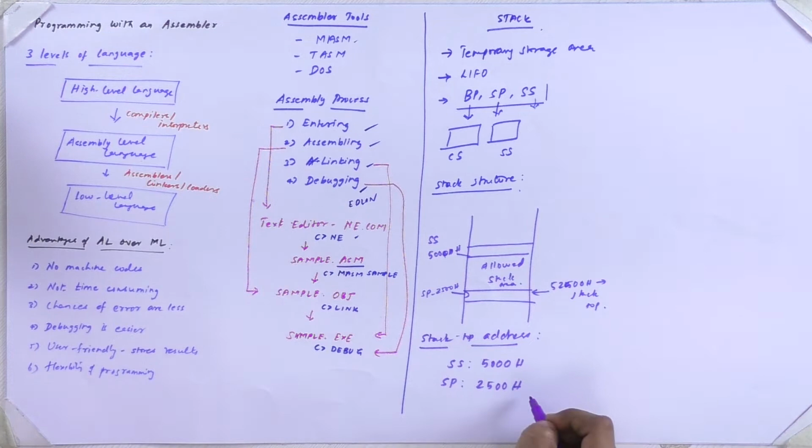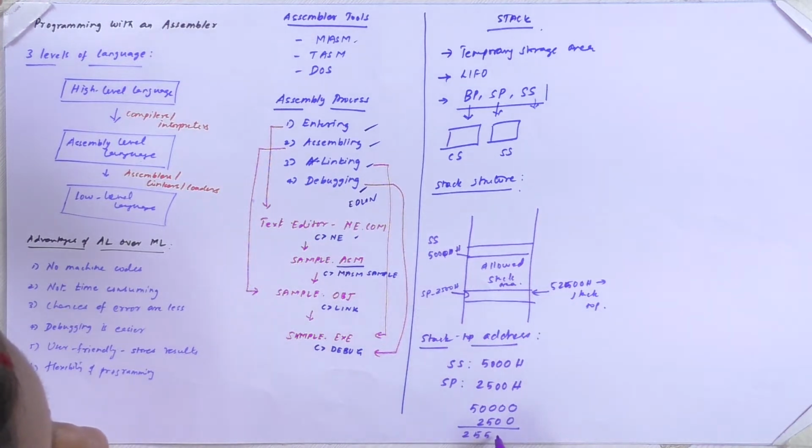Using this logical address, we calculate the physical stack top address. Add another 0, that is, left shift the stack segment register value by 4 bits, and now add the stack pointer value. You get the 5-digit physical stack top address value as 52500H. So this is the physical stack top address calculation.